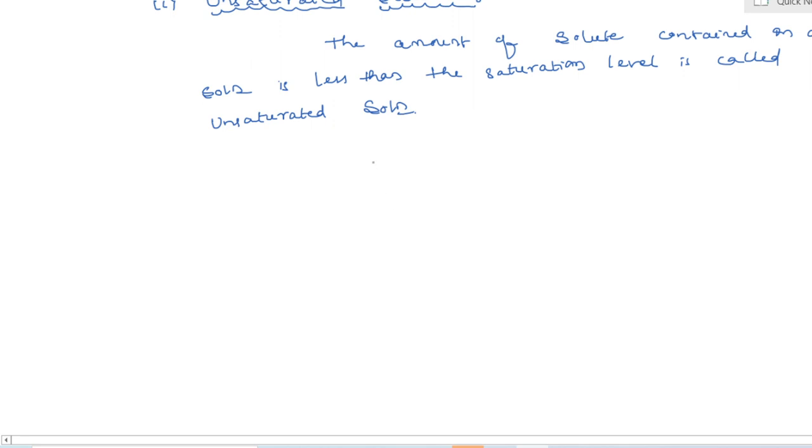It means it is equal to amount of solute divided by amount of solvent.